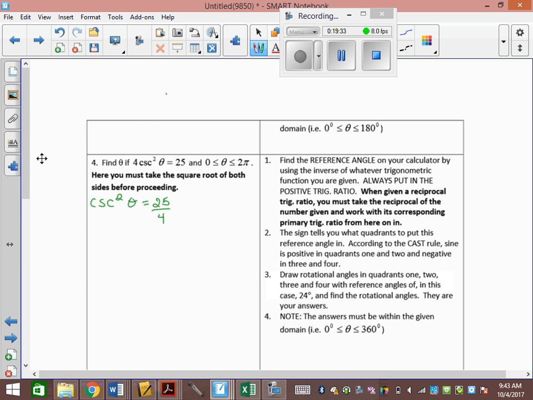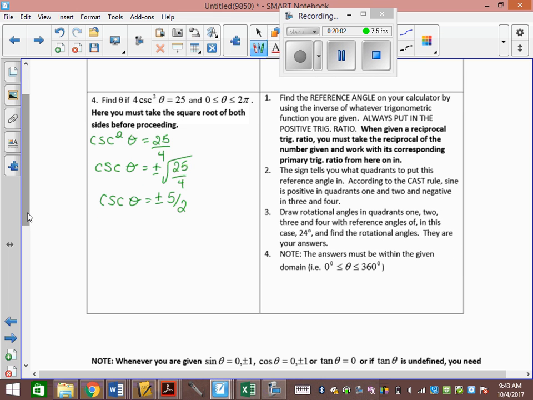If you don't, you are not going to get angles in the negative quadrants, and you will get 2 instead of 4 answers. If you're that person who would forget, leave yourself a little note. So cosecant theta equals plus or minus root 25/4, which is plus or minus 5 over 2, right?